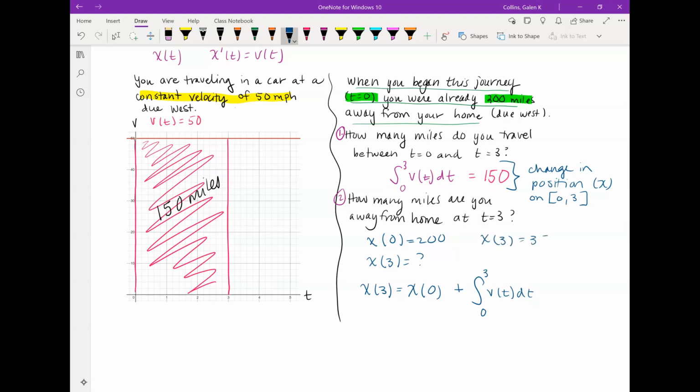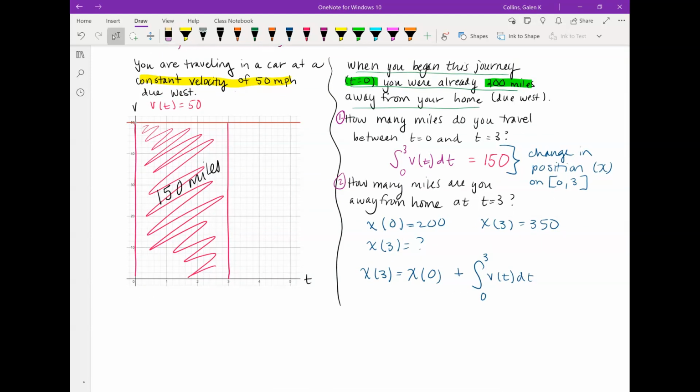My main concern is not can we do this, but can we relate this to what we're about to learn. Let's say that I manipulated this equation by subtracting x of 0 from both sides.